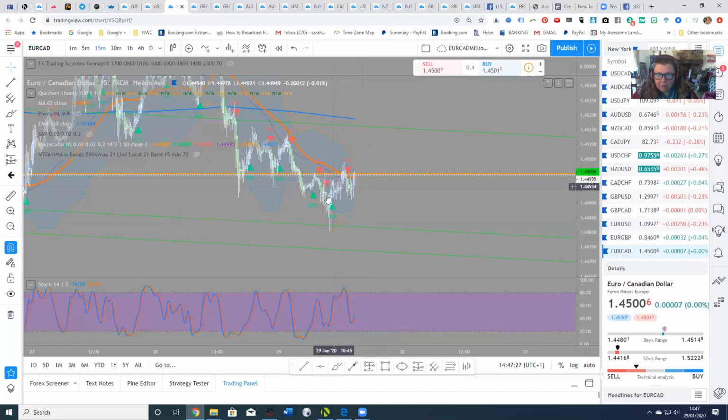You can see for a few hours it's only done 7 pips, so this might move later. Keep an eye on that for a sell down to about 1.44814, which is the outer extension of the trend line, pitchfork off a reversal point. So that'll be down there, but not at the moment. So that's EuroCAD. That might move later.